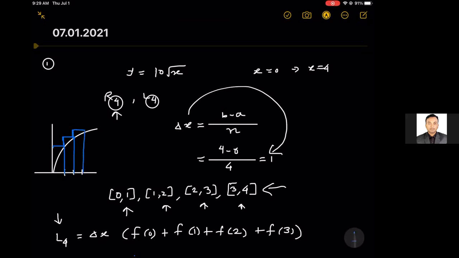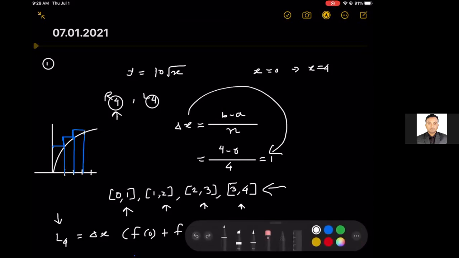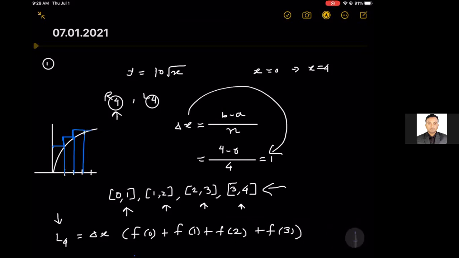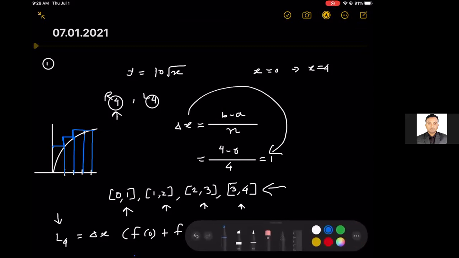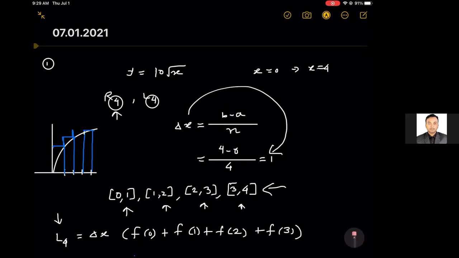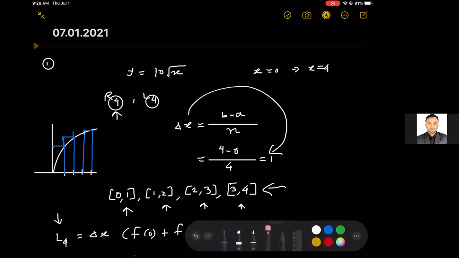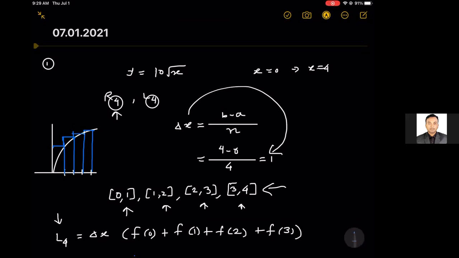Oh, we should have more. Oh, okay. So we have to go to 4, right? Yeah. Sorry. So it would look like this. Okay. So it's a bad drawing. I think I should remove this. Yeah, it should look like this.